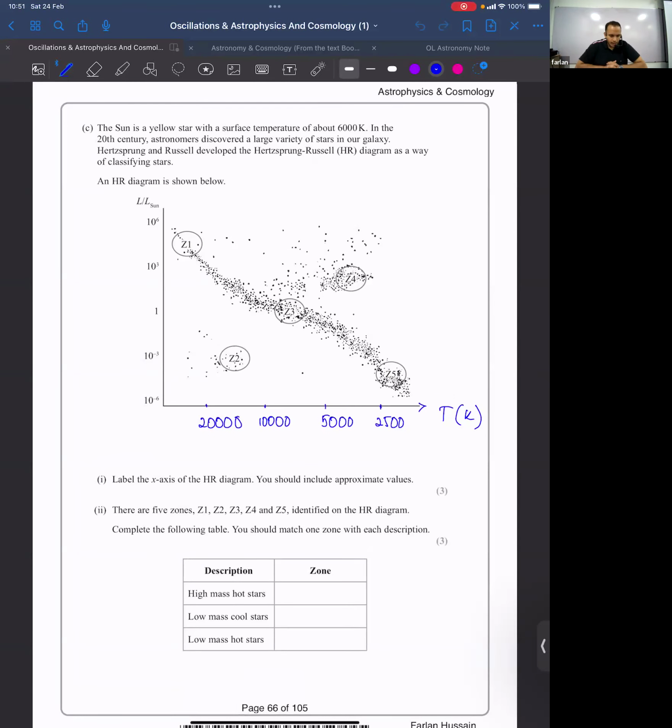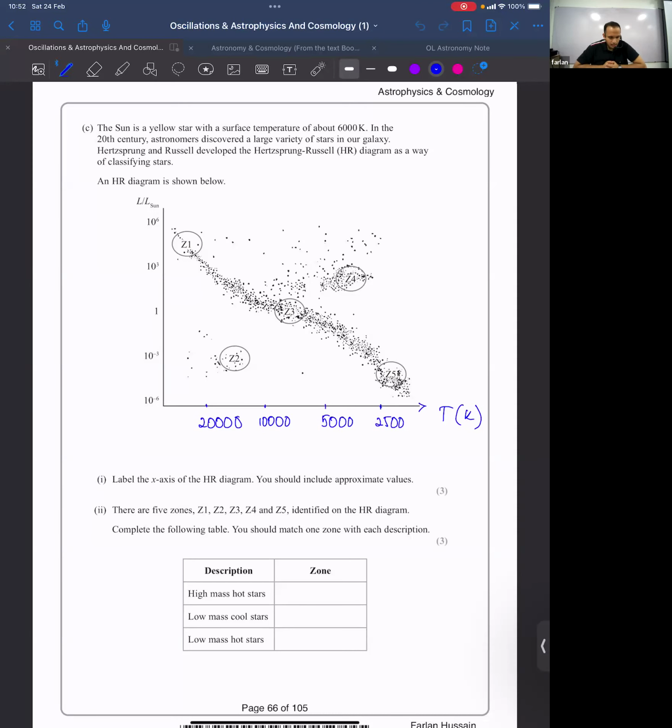An HR diagram is shown below. The luminosity of the star compared to the luminosity of the sun versus the temperature is given. Label the x-axis of the HR diagram. You should include approximate values. So that we have done.